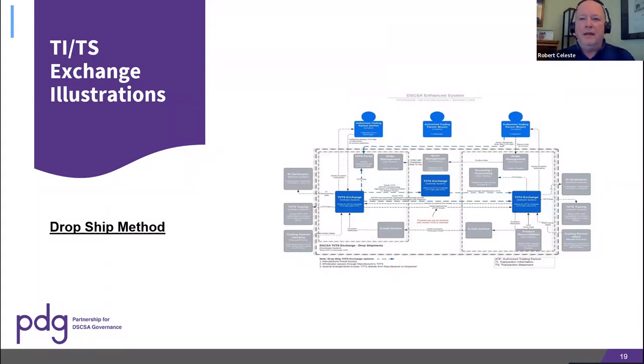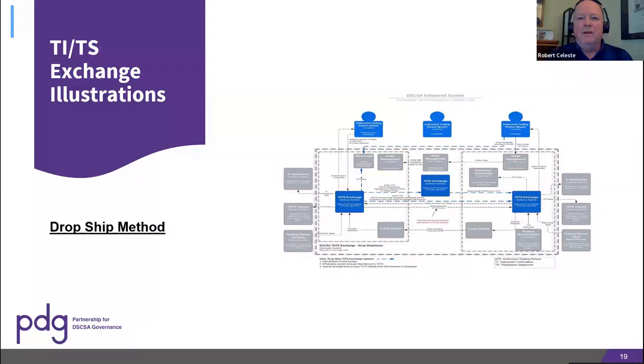One is that if the wholesaler has made an agreement to pass through TI/TS data, the manufacturer would pass that data to the wholesaler, and the wholesaler would pass it to their customer, the dispenser. A second way is that the manufacturer might provide information on shipping documents to their portal, which the dispenser could then access.